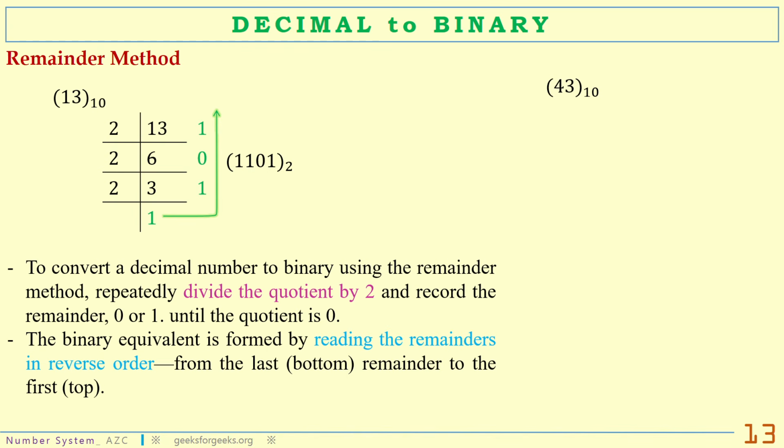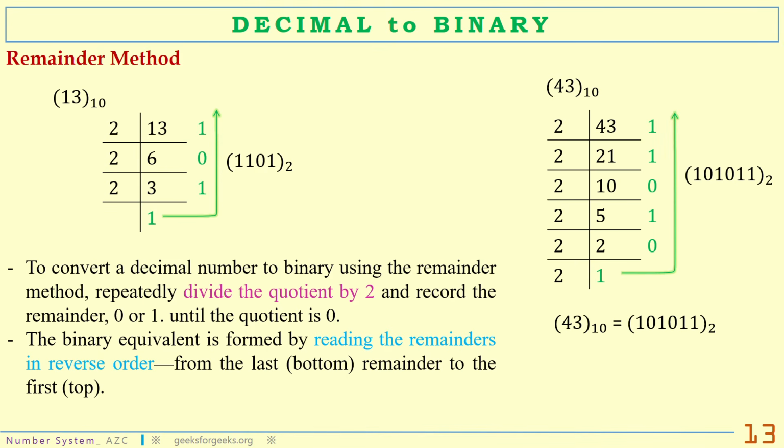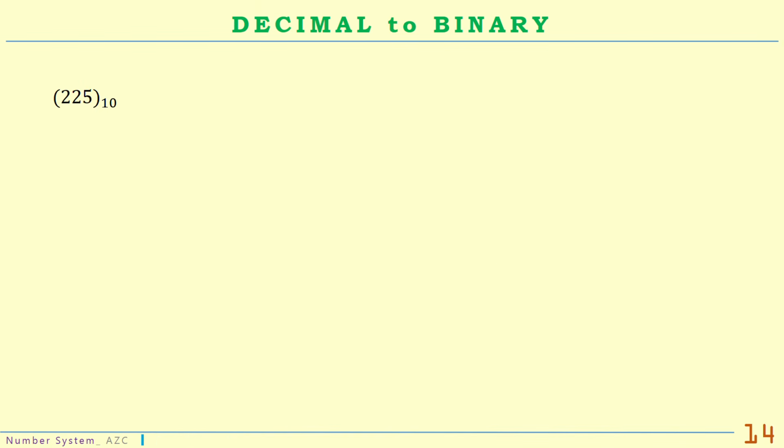Convert 43 decimal number to binary number. For 43 decimal number, the binary number is 101011. Convert 225 decimal number to binary number.